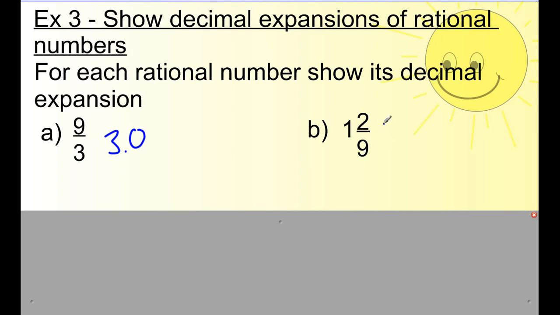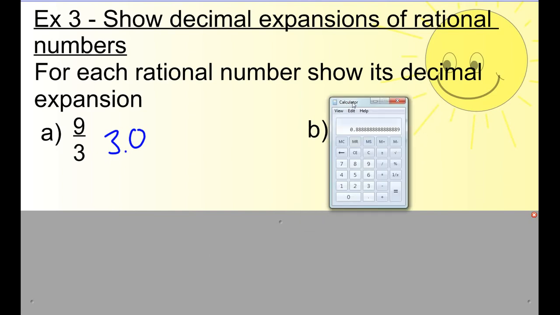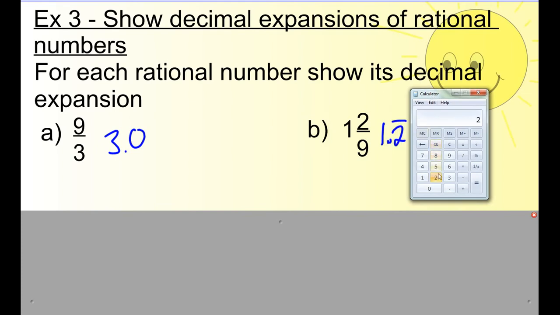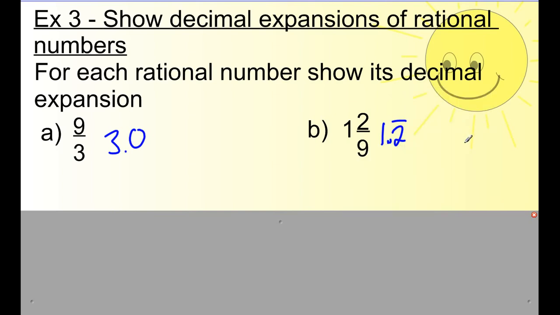So this would actually be 1.2222222 or 1.2 repeated. And you can check the calculator. 2 divided by 9 equals, there it is, 222222222. So just use the same tricks I showed you and taught you, but do them in reverse. Recognize it as a fraction and then know what it would look like as a decimal.